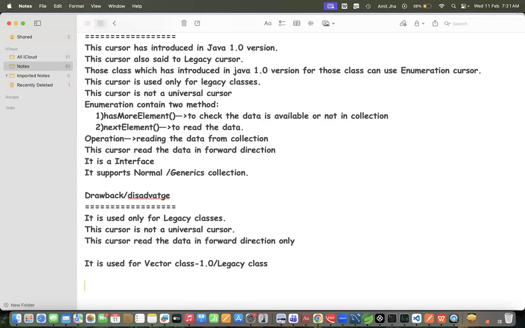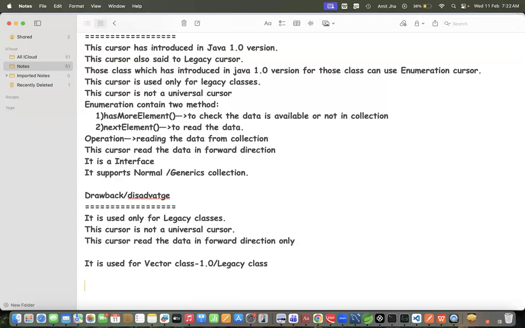Then you may have one question: what is the meaning of non-synchronized? See, the classes introduced in Java 1.0 are by default synchronized. If you keep all these points in mind, you will get more confidence.